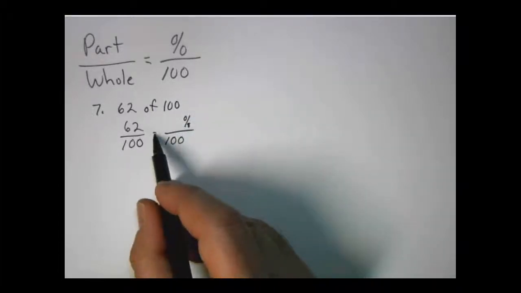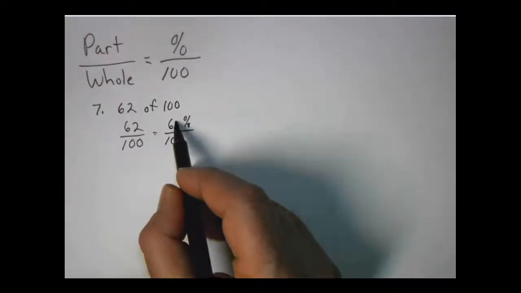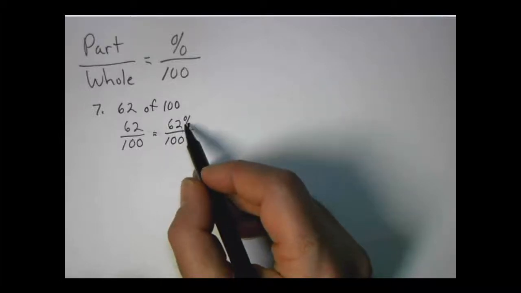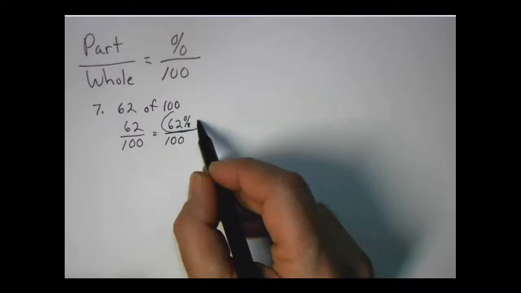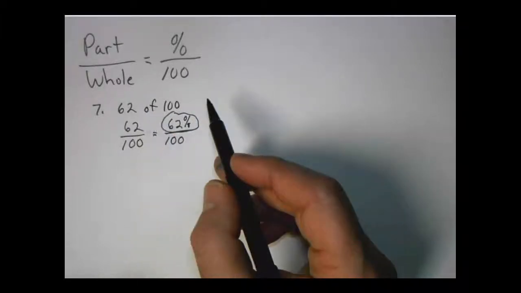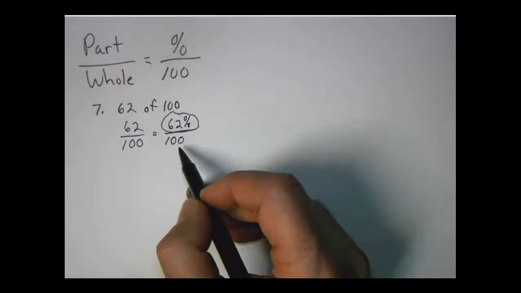So this one's already set up. If we have 62 out of 100 here, we're going to have 62 out of 100 on this side because they're equivalent. And once it's over 100, we can think of it as a percent. So as long as it's out of 100, we can just simply add the percent sign to the number. So 62 out of 100 becomes 62%.